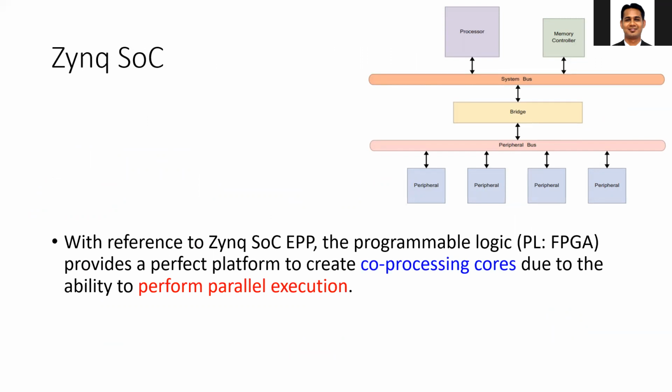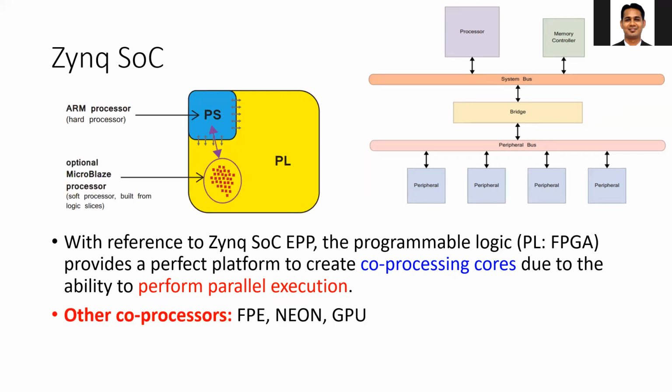In the case of the Zynq SoC, the programmable logic provides a perfect platform to create coprocessing cores due to the ability to perform parallel execution. You can have other coprocessors inside the Zynq SoC, which can be your floating point unit, the Neon coprocessor, or the GPU. So all these options are there, and you need to intelligently choose the appropriate coprocessor for your application.